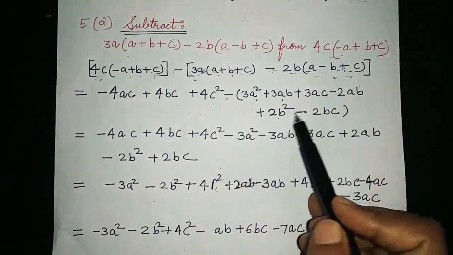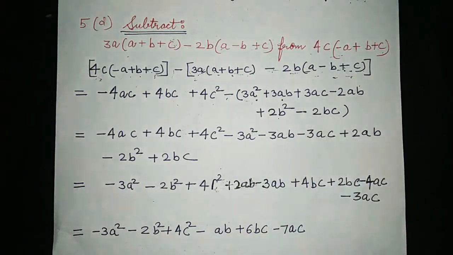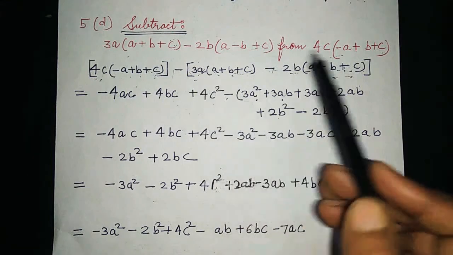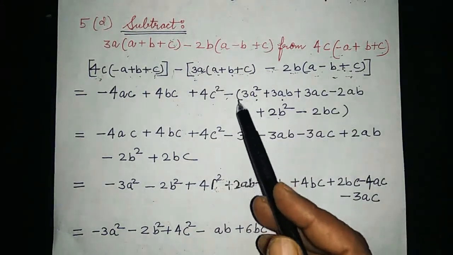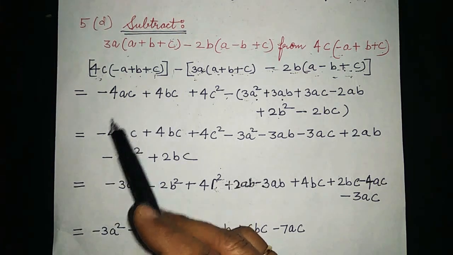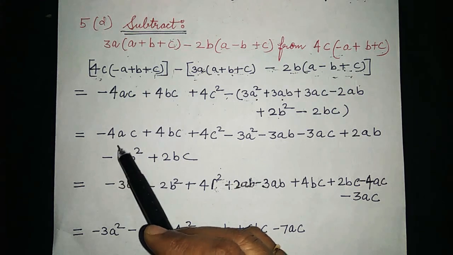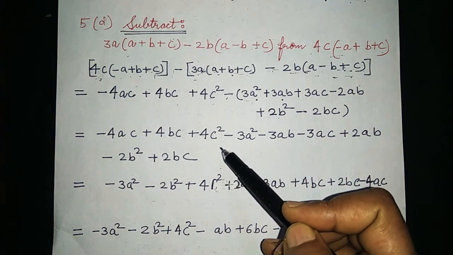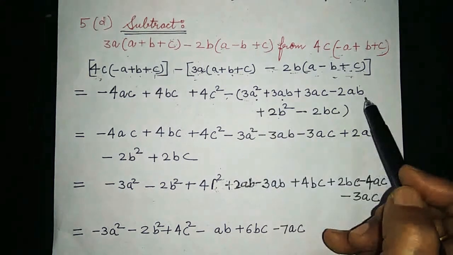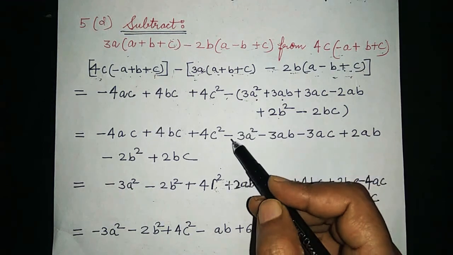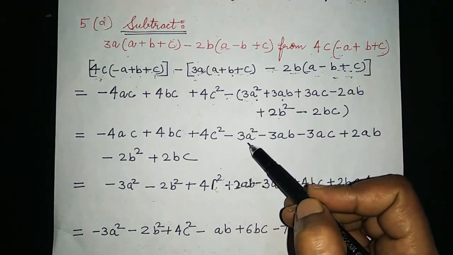Now we have this expression in this bracket. Now in place of this square bracket, we will use this bracket. Now minus 4ac plus 4bc plus 4c square. Now we will open the bracket. Minus plus minus 3a square.